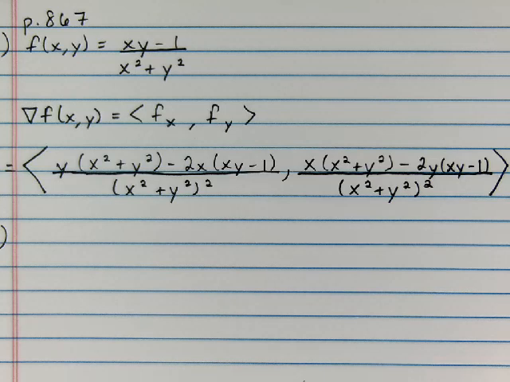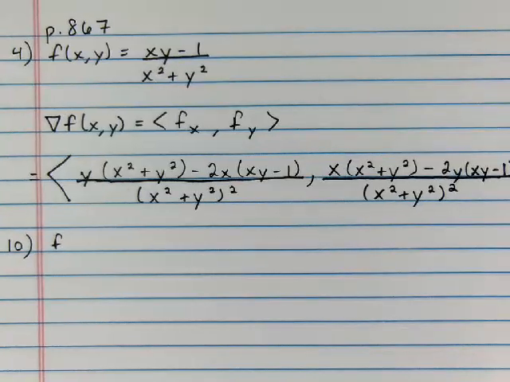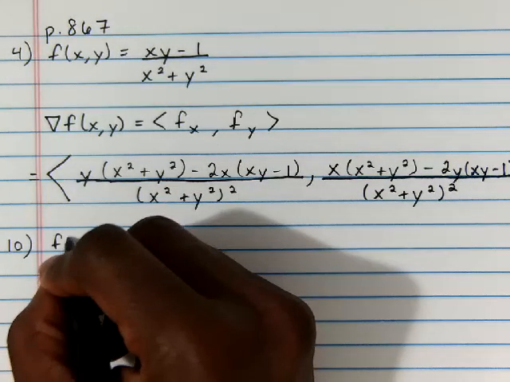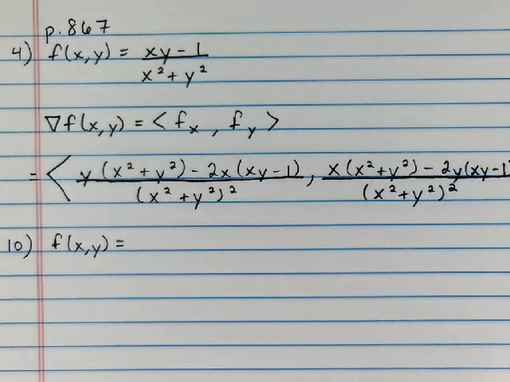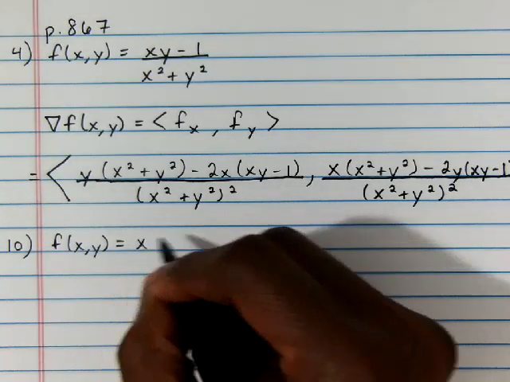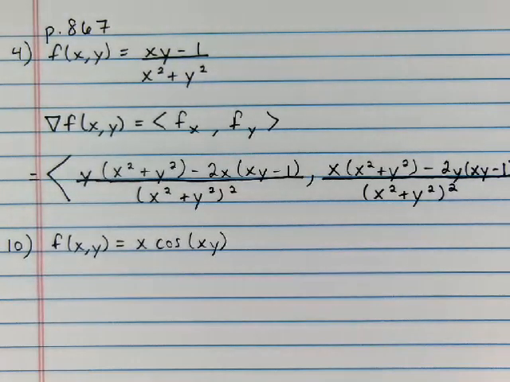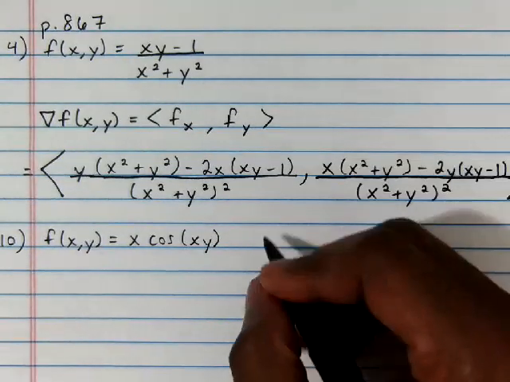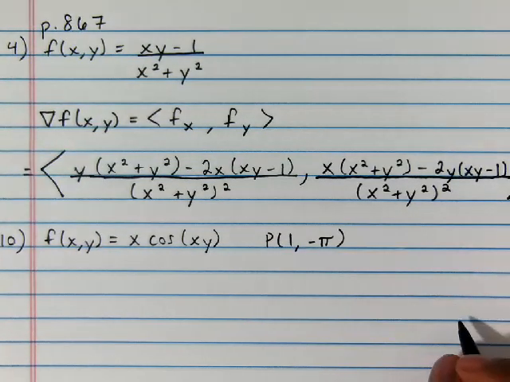So they give us f of xy equals x times cosine of xy, and they give us the point 1 comma negative pi.